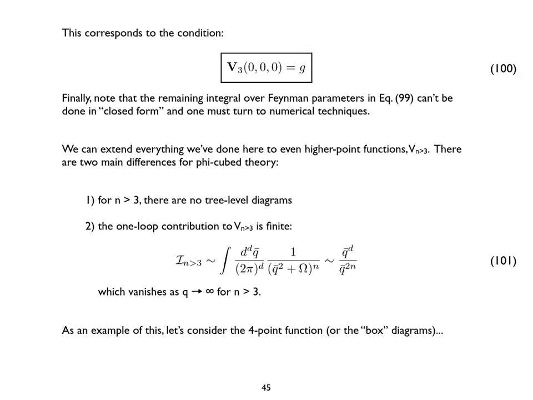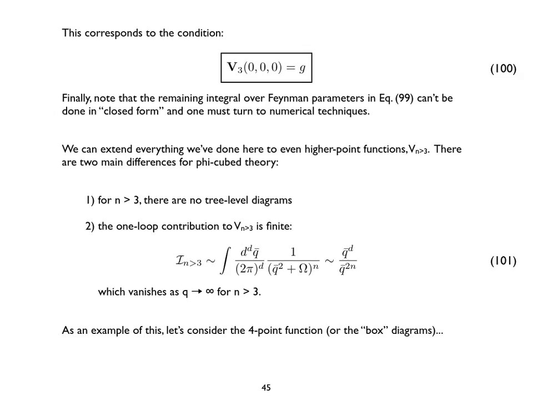so what we want to do is compute this thing, and there's no tree level vertex, so that means that the only contribution we're going to have is going to be things like this, what we call a box diagram. So if I wanted to compute this contribution to the n greater than 3, it's going to come in at a loop order, right?